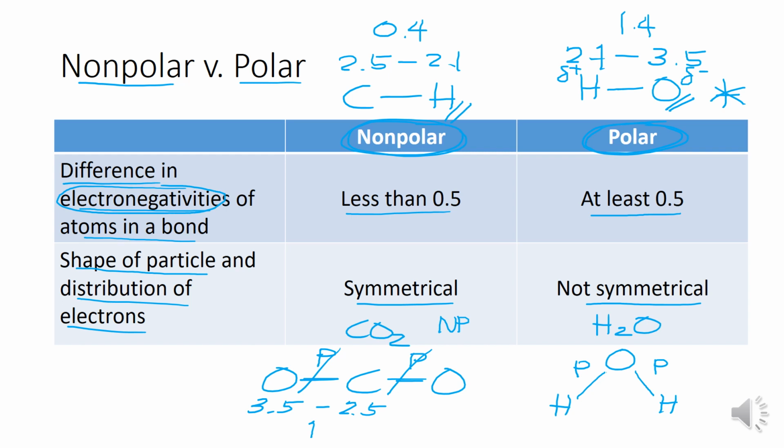But since the bonds are not directly opposite each other, they will not cancel out. Oxygen, which is above the hydrogen atoms, has a higher tendency to accept electrons because it has higher electronegativity. Therefore, this end of the water molecule is partially negative, and each hydrogen atom has a partial positive charge.